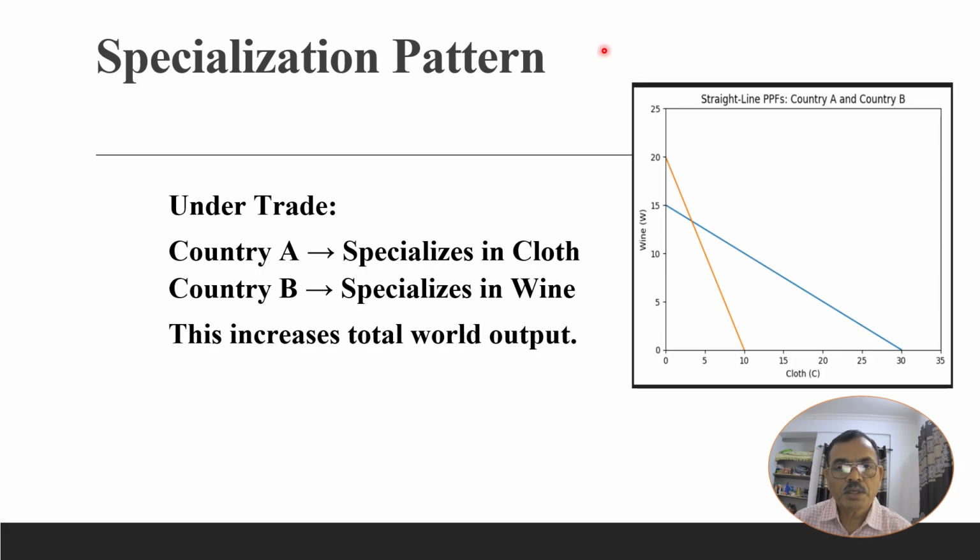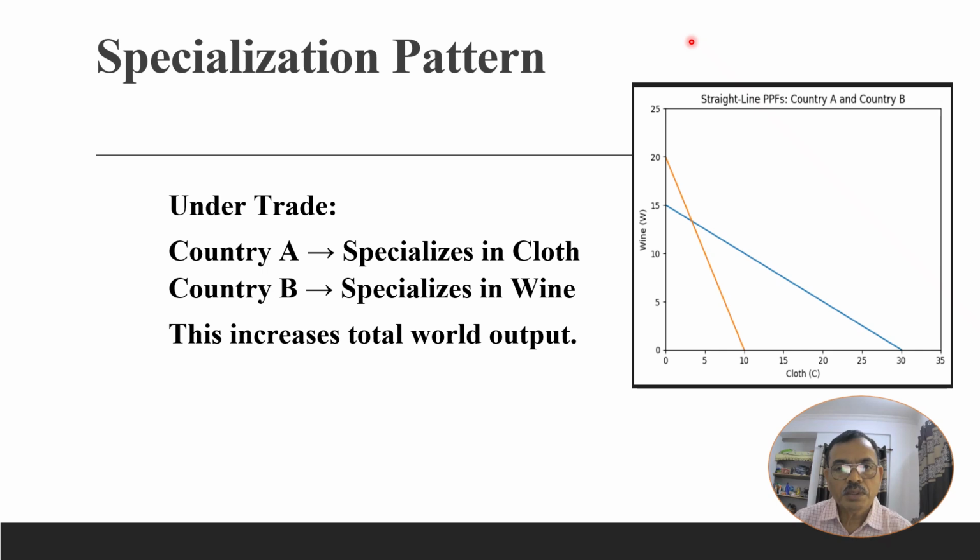Similarly, country B has a comparative advantage in wine because it sacrifices fewer units of cloth to produce wine.